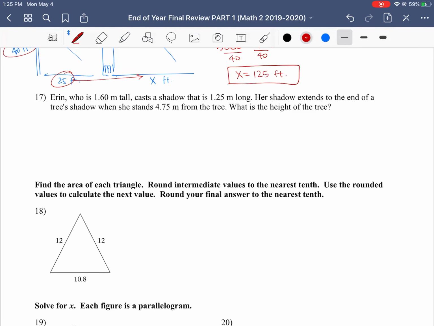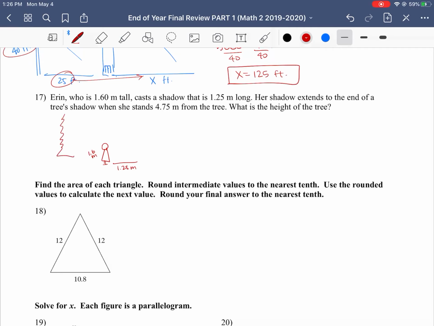Number 17 is going to be very similar. So if you're looking at Aaron, who is 1.6 meters tall, casting a shadow that is 1.25 meters, so here's Aaron. Her shadow extends to the end of a tree's shadow when she stands 4.75 meters from the tree.